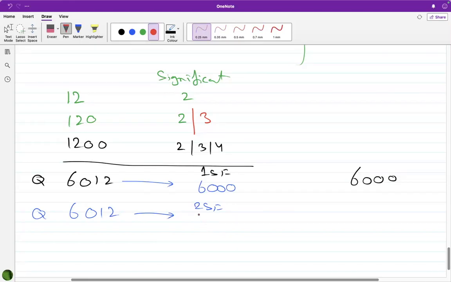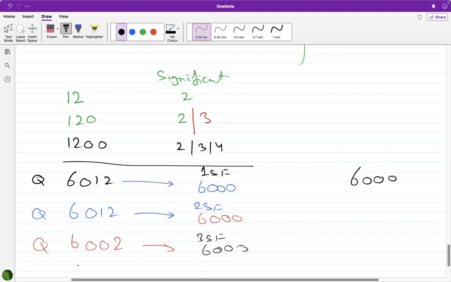Take your time. 6,010. Two significant. 6,000 still? 6,000. Still, if I have this question and I ask you to round it to three significant figures, what would it be? 6,000.